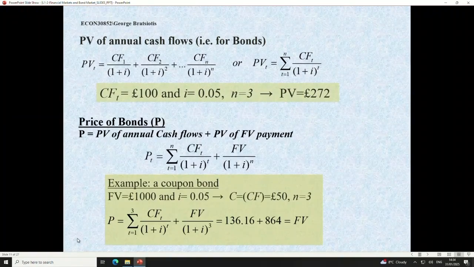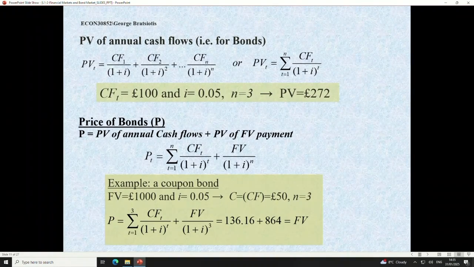You take the price as given and you solve for the interest rate, and that interest rate will equate the face value, which is the present value. All this is the present value, of course, yeah? You will equate the present value of all annual cash flows and the present value of the face value by solving for the interest rate. So that's good. Are we clear about this?